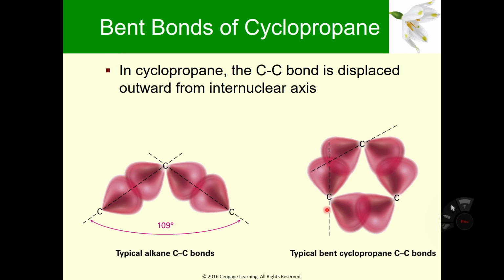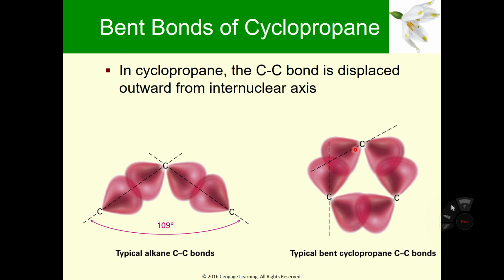Due to the angle strain, it should be 109. However, cyclopropane cannot make 109, but these should be sp3 hybridized orbitals. So they are not like this. If it is 109, it will be in a linear line. However, the two orbitals are bent.